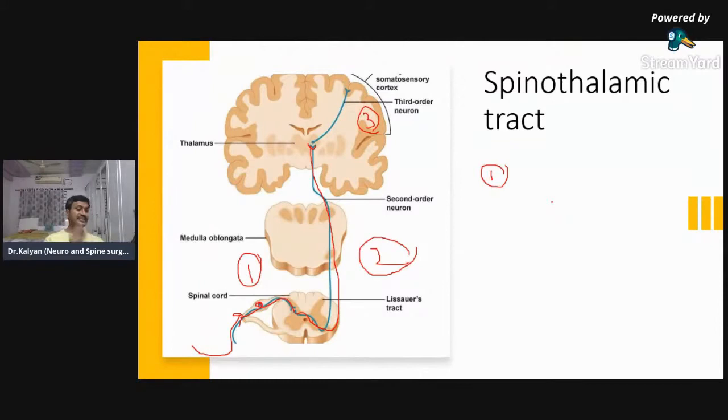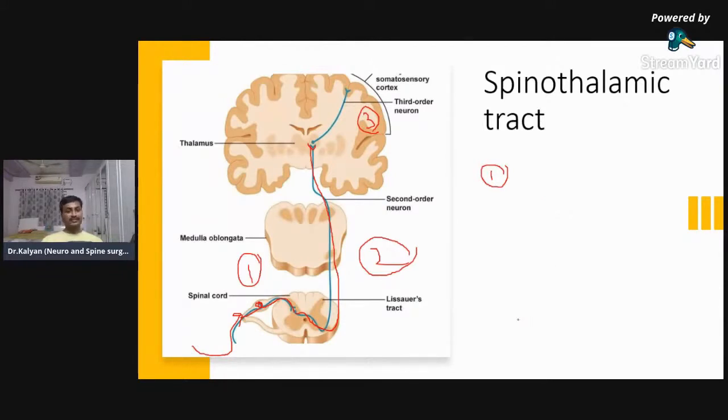Even if you have answered, answer it again. I want everyone to say all the functions of the spinothalamic tract. Pain, temperature, and what? Pain, temperature, and crude touch.